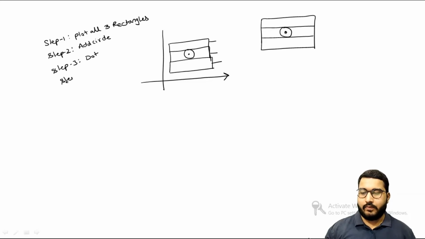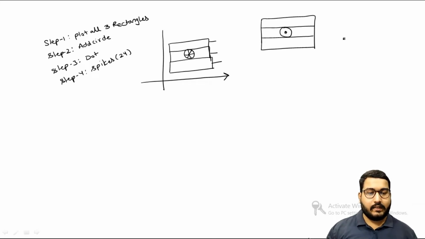And step number four is finally you are required to put all these spikes. Now remember, we have 24 spikes in total, so we need to plot these 24 spikes, and each spike will have a shape that is something like this. So this is one spike, it will have a shape like this.